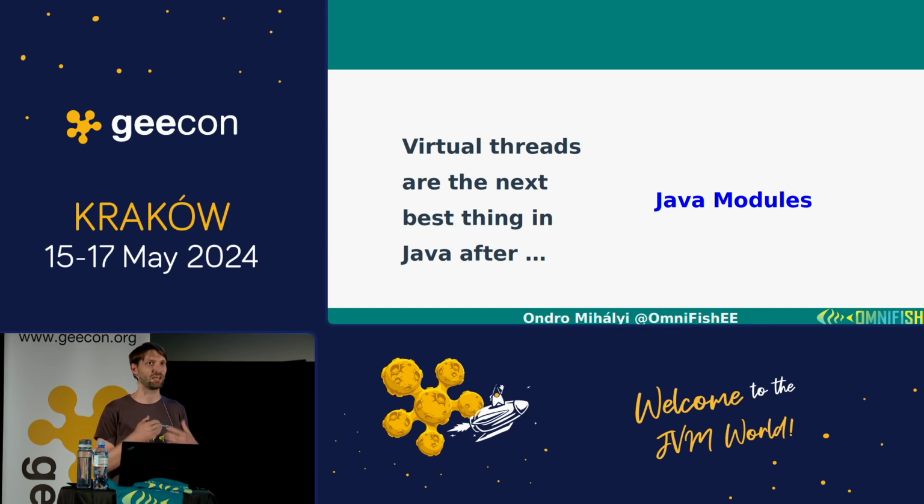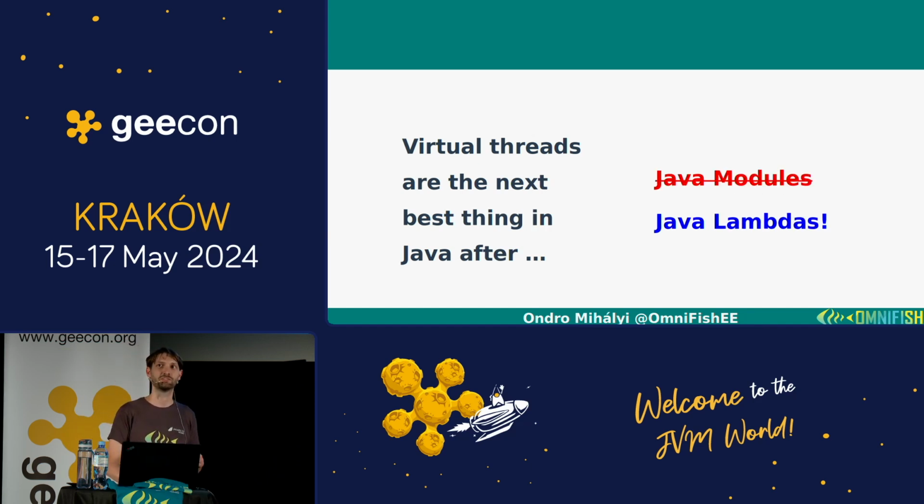You always have more and more restrictions with Java modules. But I love lambdas, and I think Java virtual threads are the next big thing after lambdas. Like Java lambdas changed the world of Java in Java 8, I believe virtual threads are going to change the world of Java after Java 21.